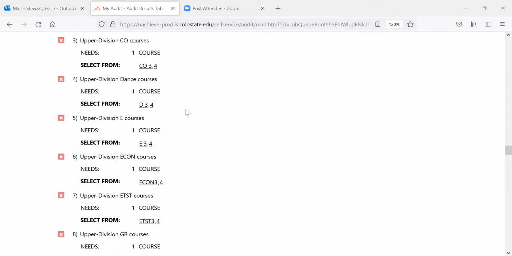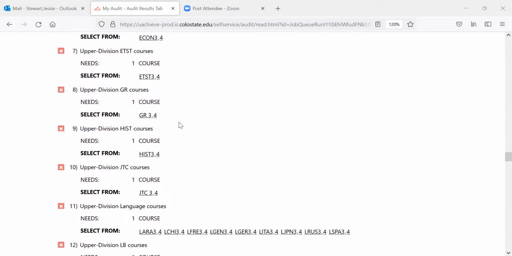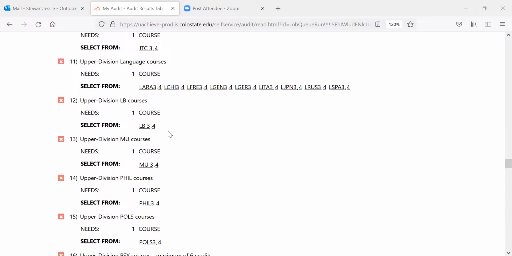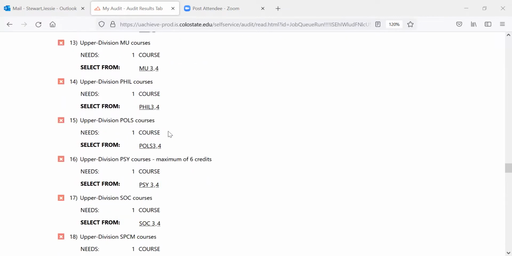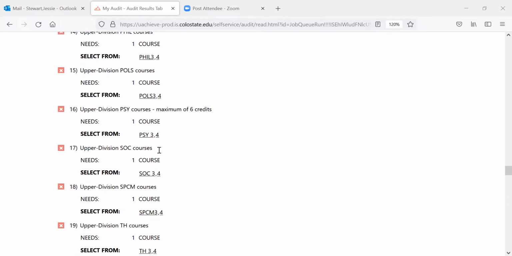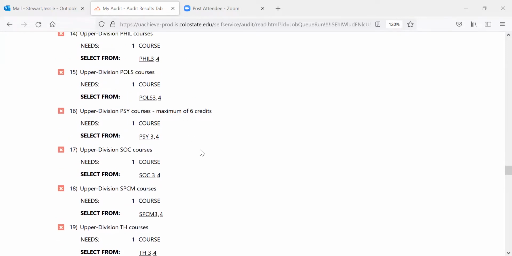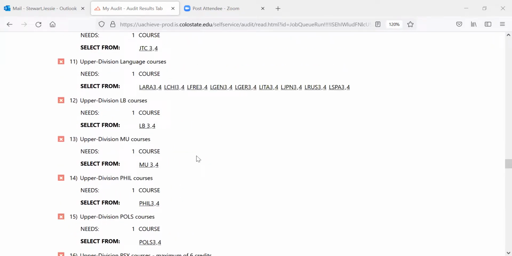I would look for composition, English, ethnic studies, history, journalism, liberal arts, some political science, and some communication studies to start. But if you know you've got some of these prereqs, absolutely take a look at upper division in the areas that you find interesting.